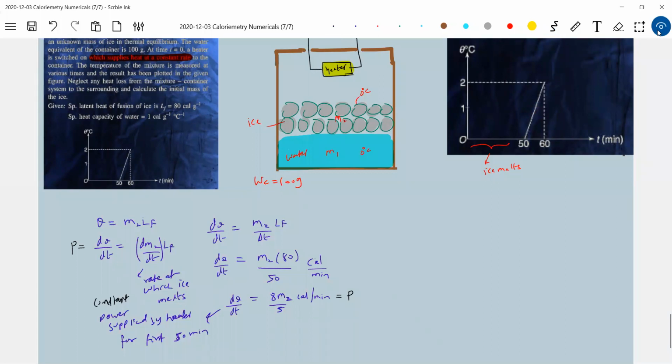How to write this equation? P should be equal to, what shall I write? (m2 grams plus 500 plus water equivalent of calorimeter). What is the water equivalent of calorimeter? 100, into the specific heat of water, into change in temperature by time, dT by dt.